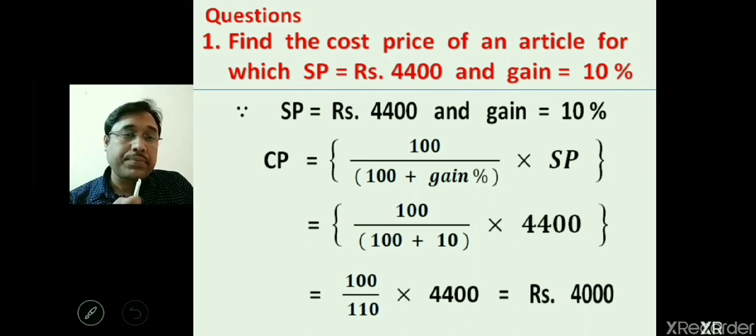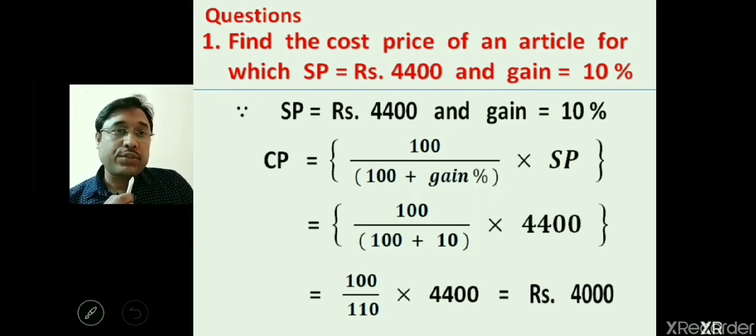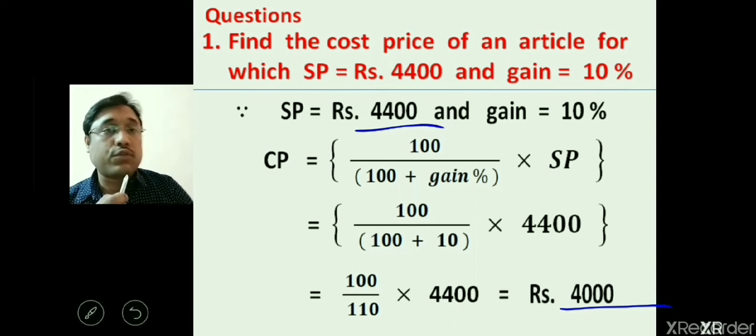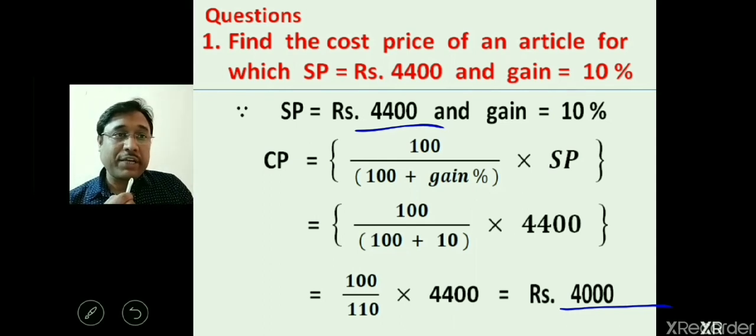So you have seen that if there is gain and the selling price is 4,400, and you know that in the case of gain the cost price is less than the selling price. So obviously you can see here that 4,000 is less than the selling price 4,400. So it is the case of gain.